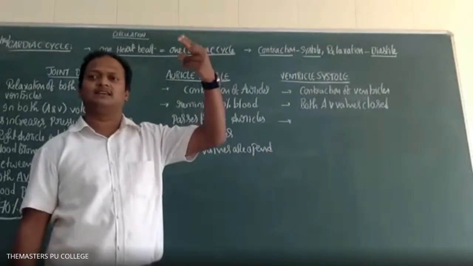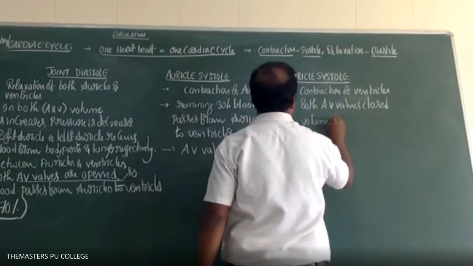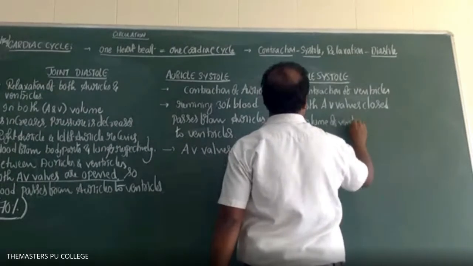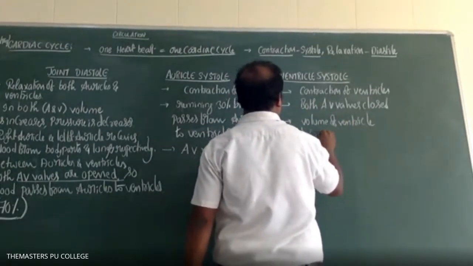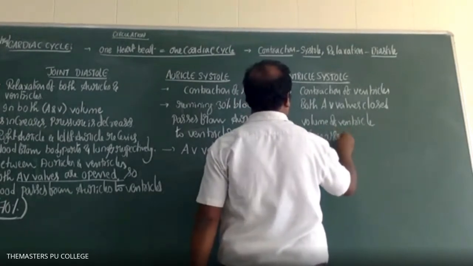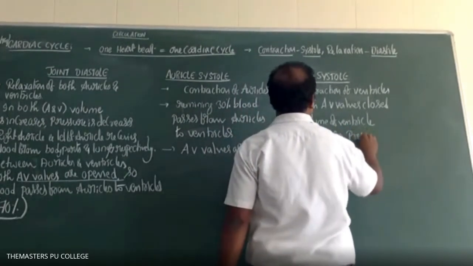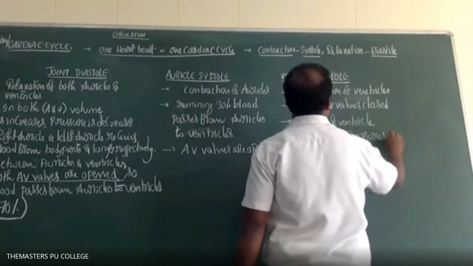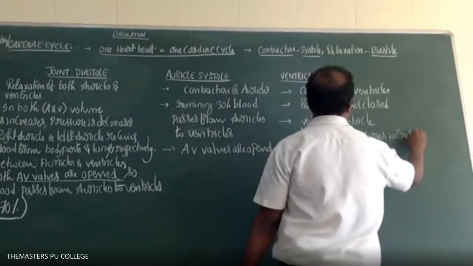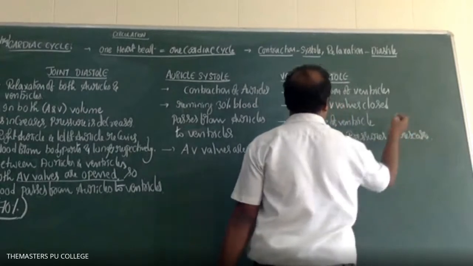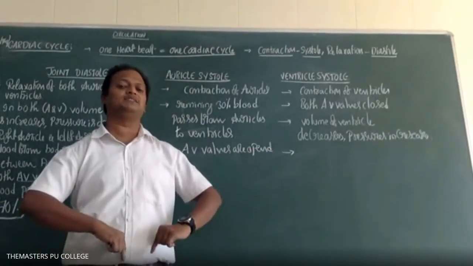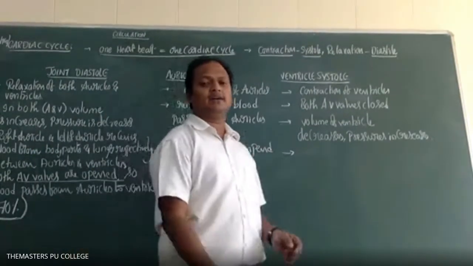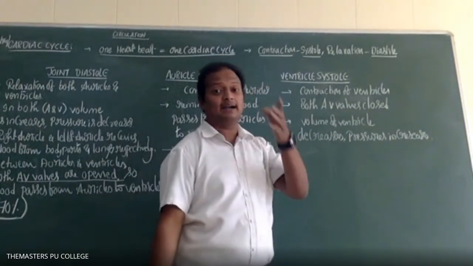Then pressure increases. Write down: volume of ventricles decreases, pressure increases. Pressure increases. So only from the ventricles blood is distributed to the systemic aorta and pulmonary artery.